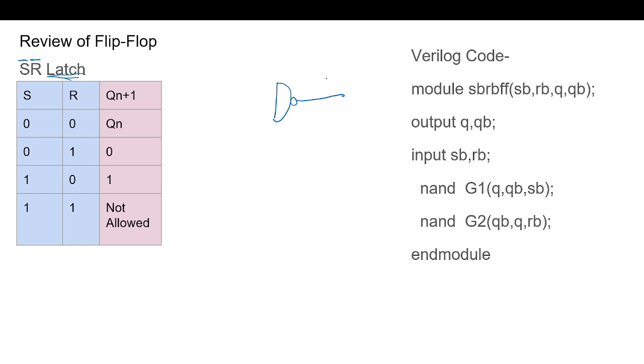Okay, this is Q. And this input is S bar, another NAND gate with R bar. So I will short this. This will be Q bar.